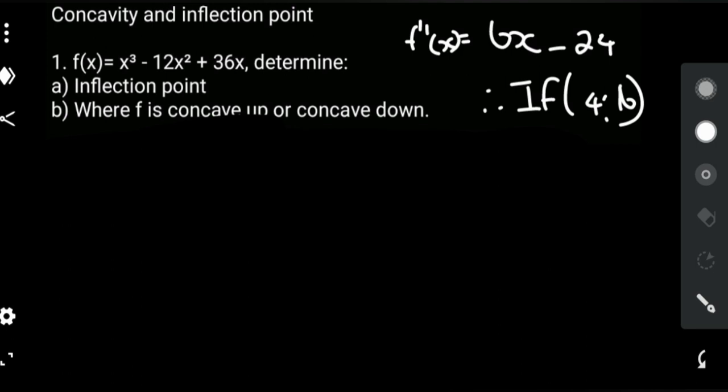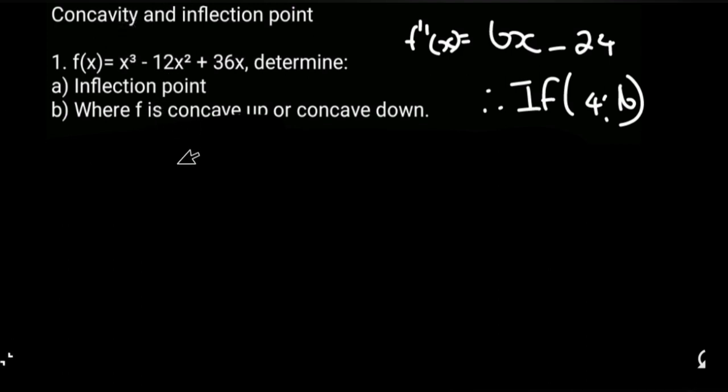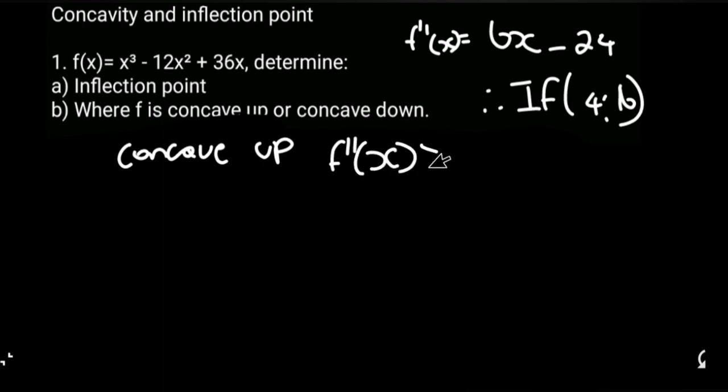Earlier I said that the graph will be concave up when f double prime of x is greater than 0. So our second derivative, it's simply 6x minus 24, and it should be greater than 0.